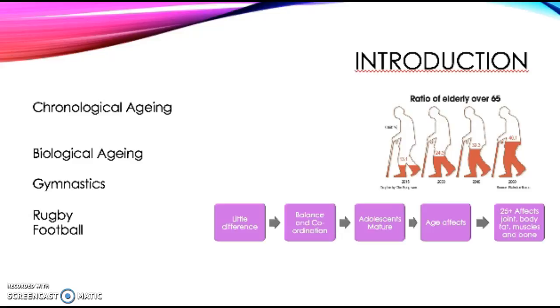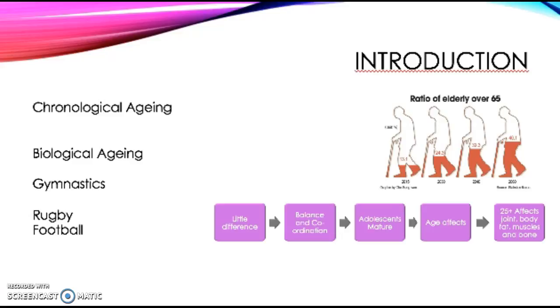Looking at the diagram timeline, we can see that in childhood the growth of males and females is the same, and both genders start developing their coordination, balance, and agility to develop the central nervous system. Then adolescents mature. However, after the age of 25 plus, the cell structure and organ function start to get affected by age.